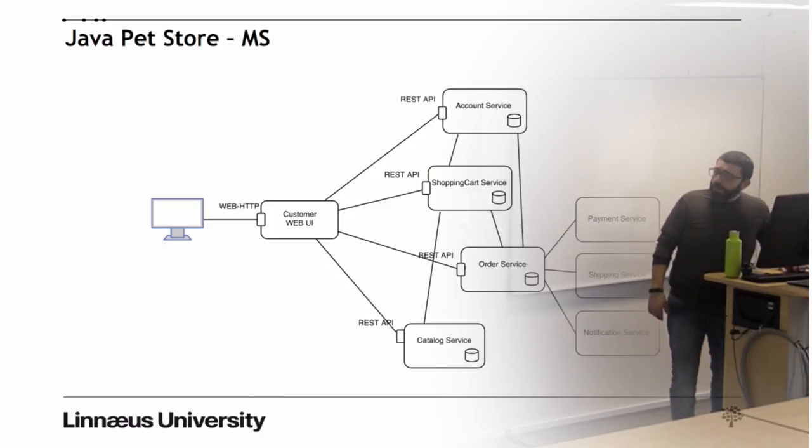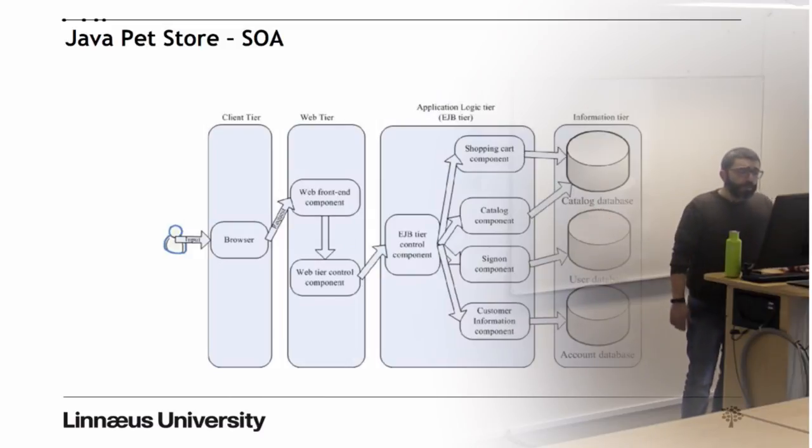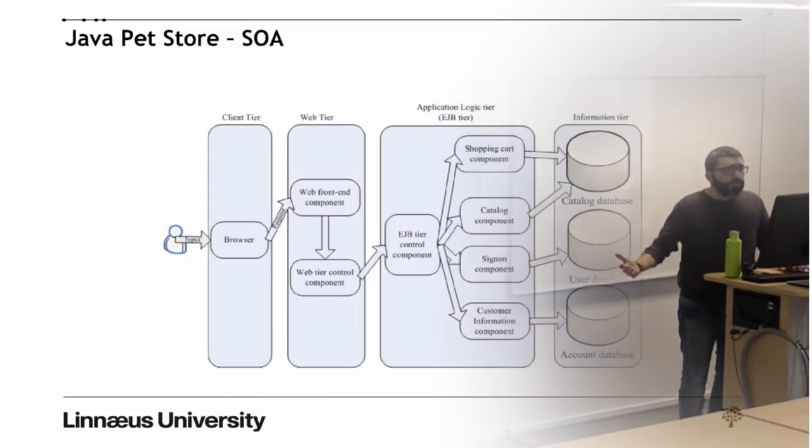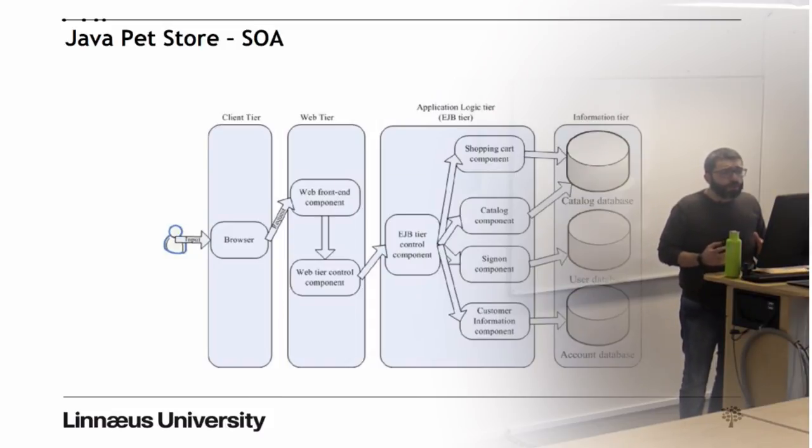So, in contrast, in this type of application, if you need scalability, what should you do? You replicate the entire web application logic and then run this big monster on a new machine.